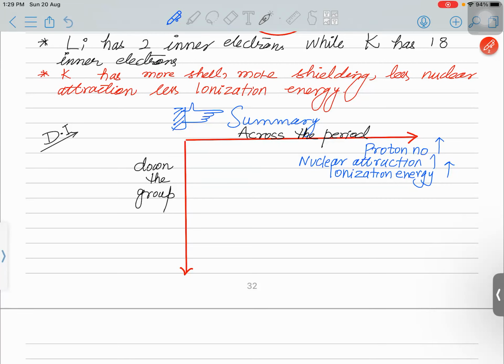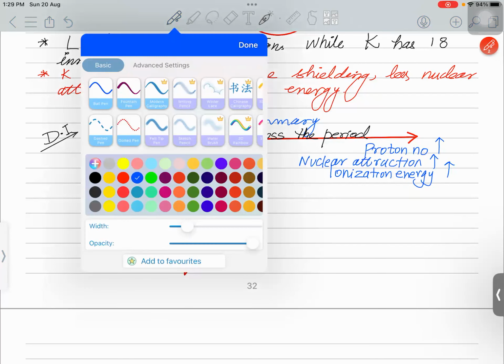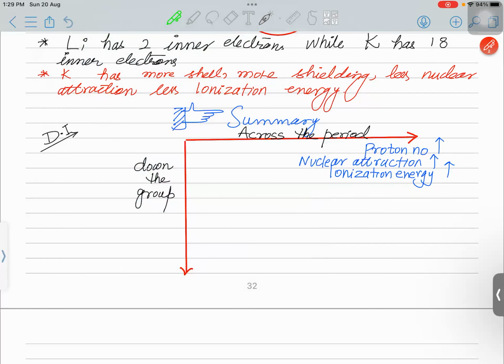So it also increases. As proton number increases, nuclear attraction increases, ionization energy increases.